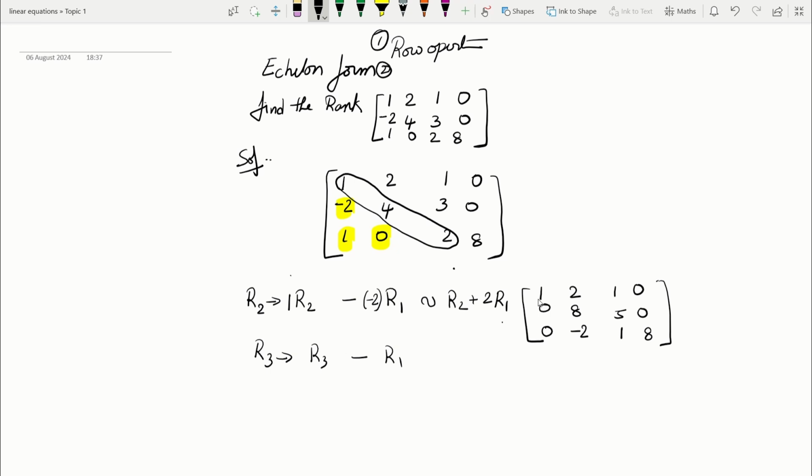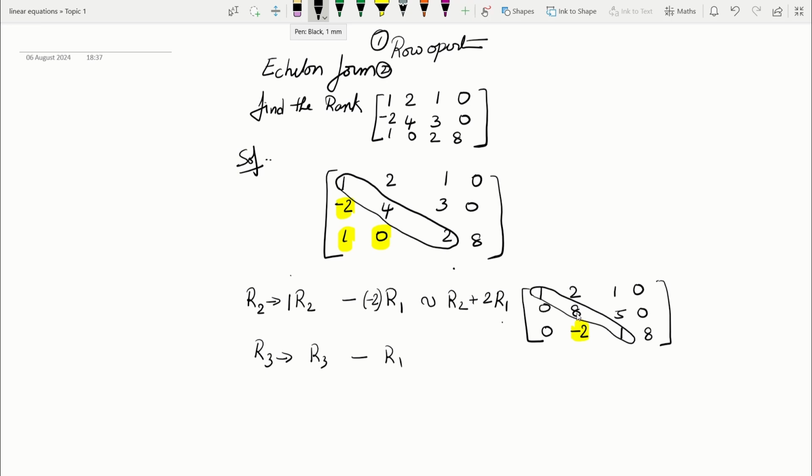R3 element 1, R1 element 1, and 1 minus 1 is 0. Then 0 minus 2 is -2, 2 minus 1 is 1, 8 minus 0 is 8. See what happened: the diagonal elements are 1, 8, 1, and below them two became 0. Now one more element is pending. Let me shade this.